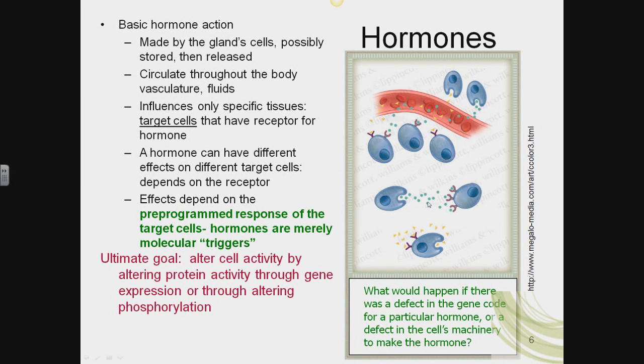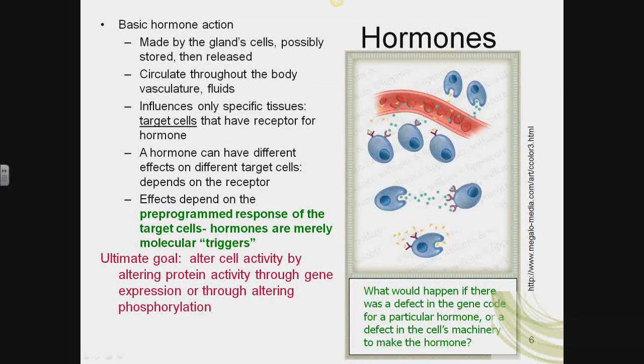And hormones are very different than what you're seeing in the bottom of this picture with autocrine, where cells are releasing chemical signals that travel very short distance and bind to receptors that are on the very same cell. So we're going to be very pure in our approach that a hormone is a chemical signal. It's part of cell signaling, but it is a chemical signal that's released into the bloodstream.